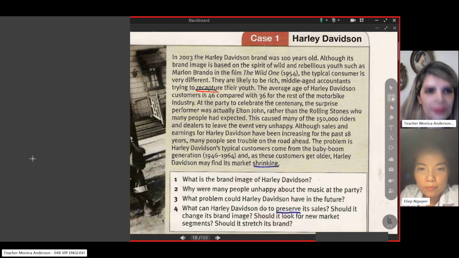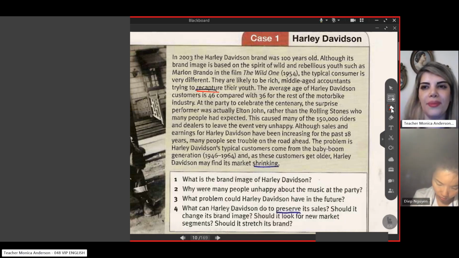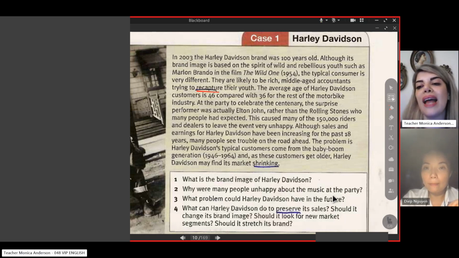The brand image of Harley Davidson is based on the spirits of wild and rebellious youth. Wild. And we have this number here, 2003. We don't need to say it. Okay. And the second one: why were many people unhappy about the music at the party?